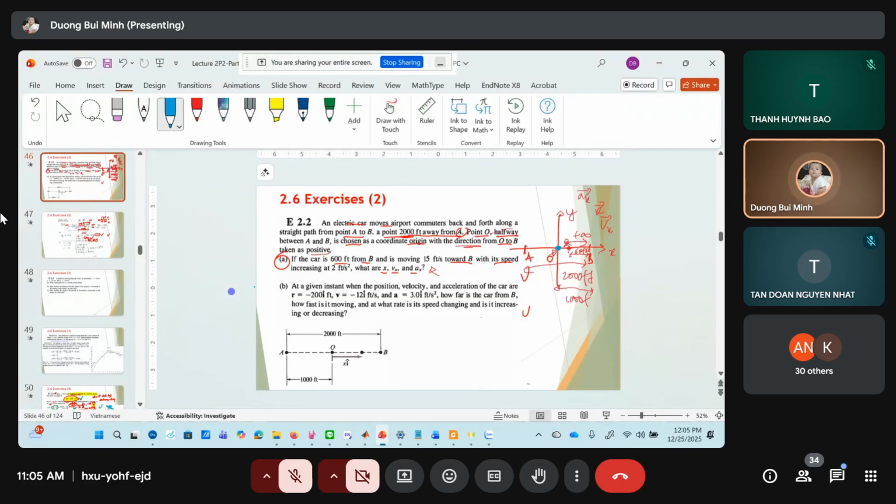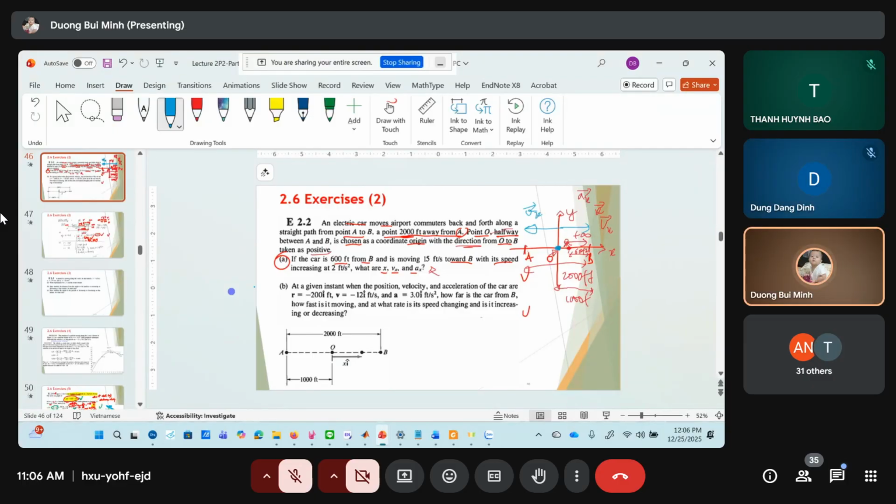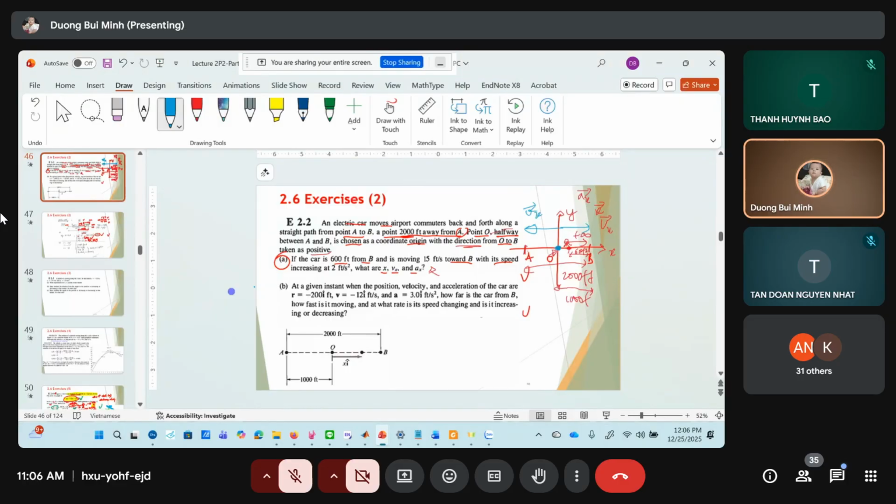And of course, if the electric car is moving backward and forward, back and forth, you can further analyze instantaneous vx, sometimes positive, sometimes negative, it depends. But when we stop here, it's just a very simple analysis.